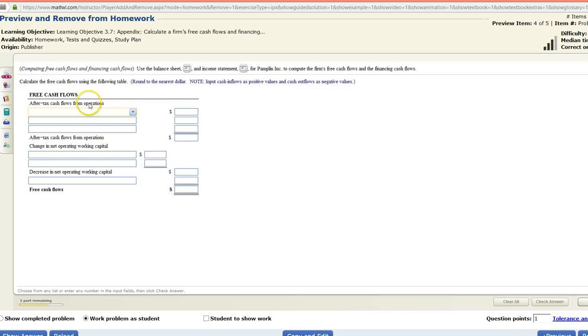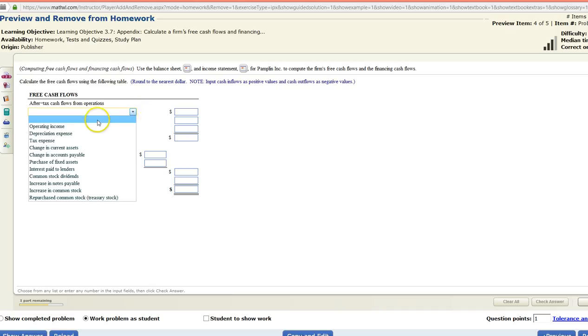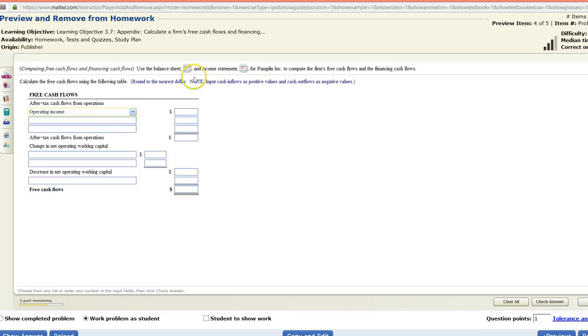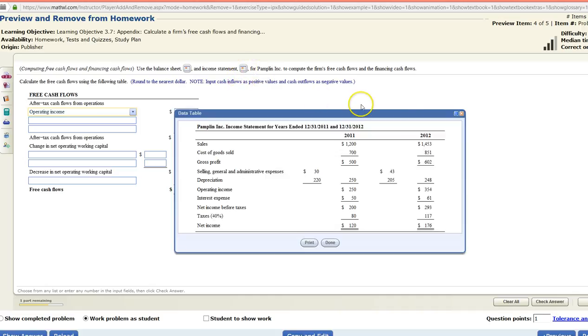In order to get the free cash flows, we start from operating cash flow, which is also the after-tax cash flow from operations. We know that we need to start from operating income, that's our EBIT. So let's check the information from the income statement. Operating income is 354 for 2002.